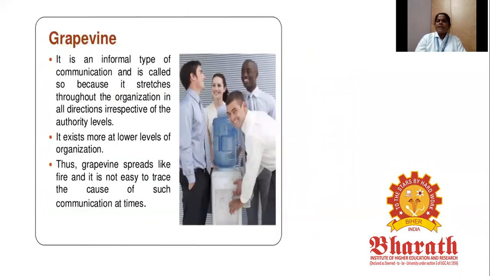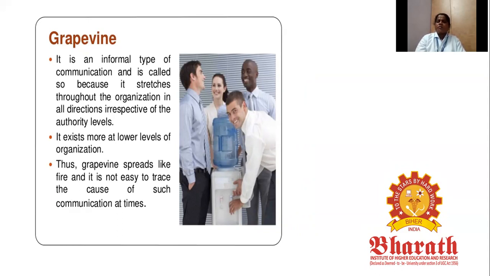The grapevine is the informal type of communication, also called informal communication, which is personal. Formal communication is structured throughout the organization, with respect to authority levels. What are the steps? First the boss, the managing director, then the manager, the supervisor, the labor leader, and the subordinate.